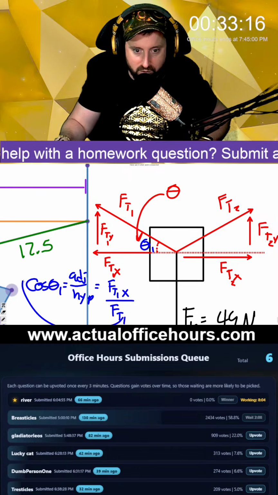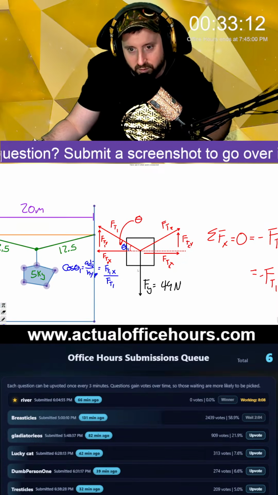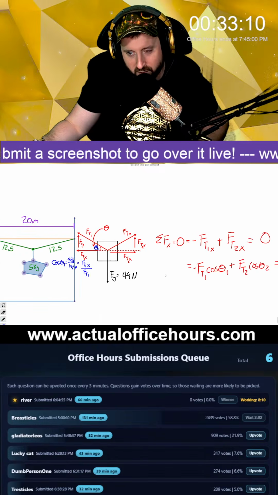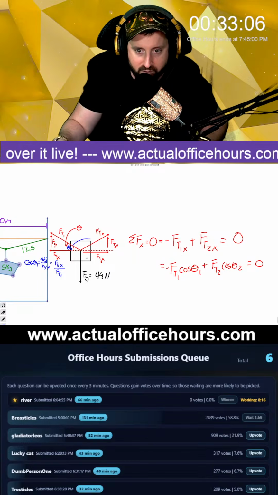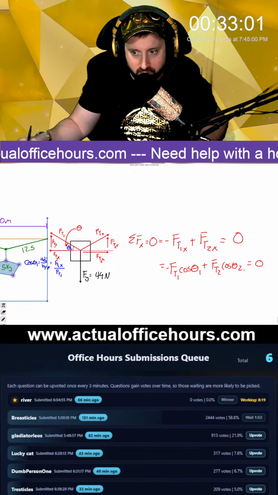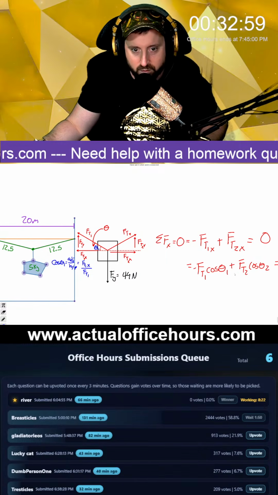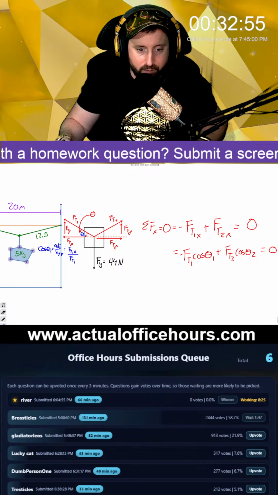So FT1X is equal to FT1 cosine theta 1. Does that make sense? Yeah. I do the same thing here for FT2X, but now it's positive because it's pointing to the right, and that's FT2 cosine theta 2. Perfect. All right, then let's do the sum of the forces in the y direction.